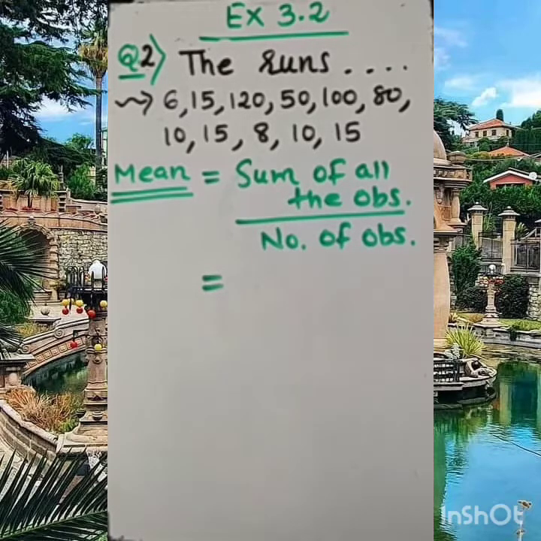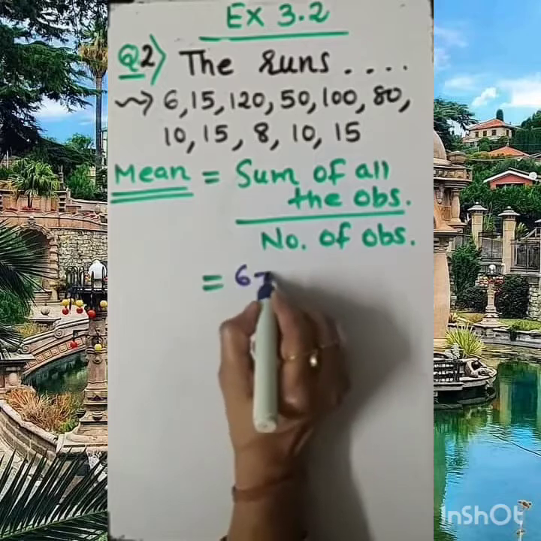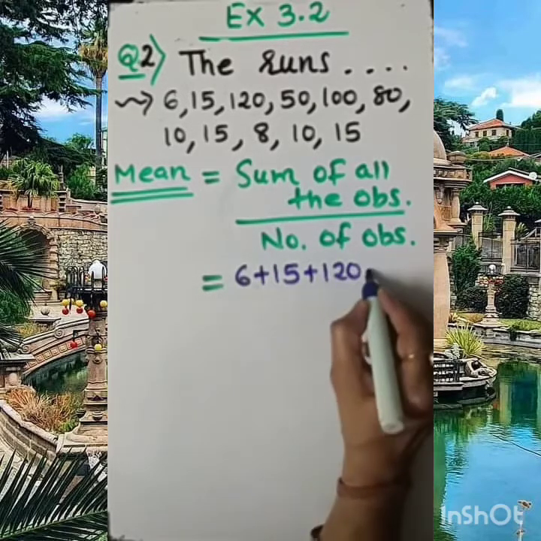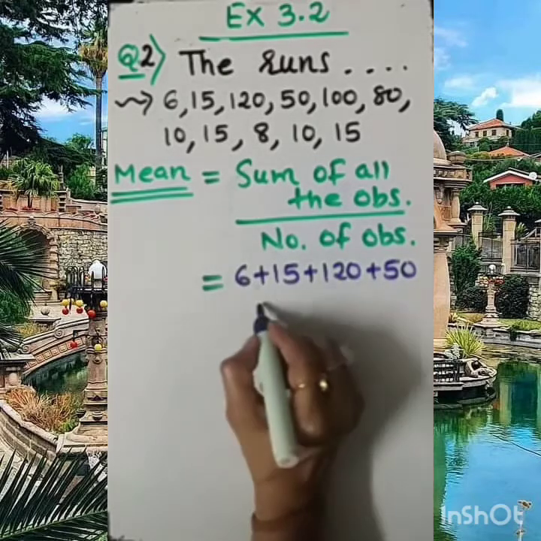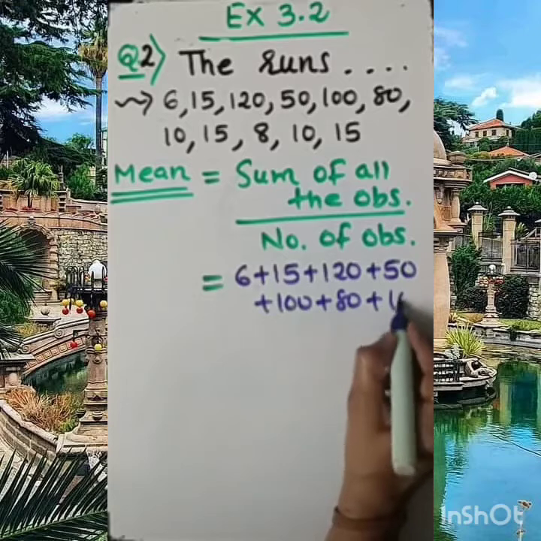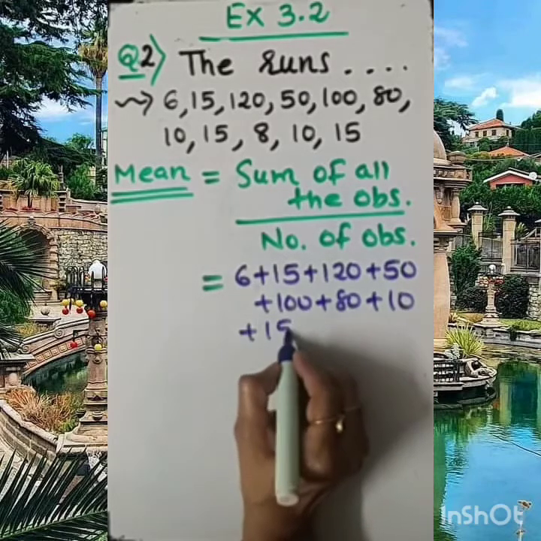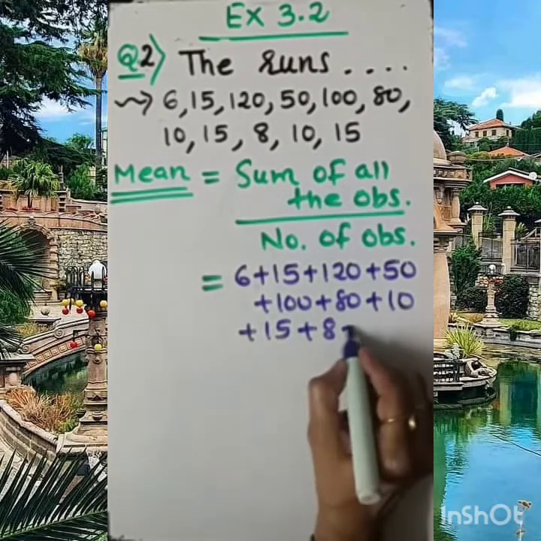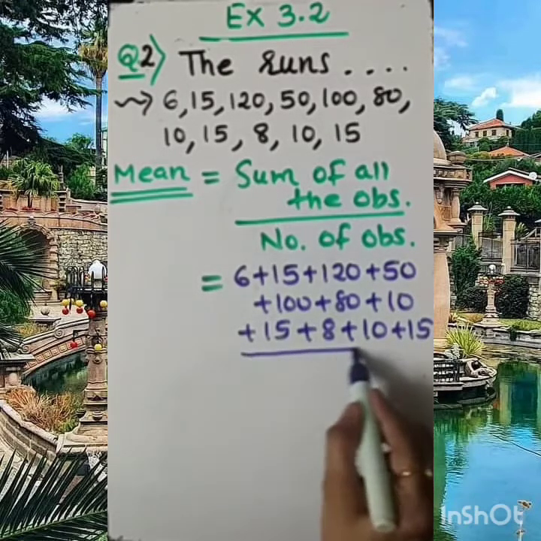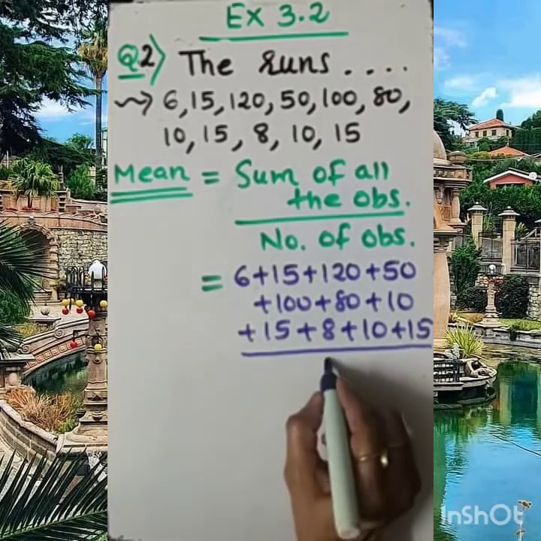Now let's note down all again. 6 plus 15 plus 120 plus 50 plus 100 plus 80 plus 10 plus 15 plus 8 plus 10 plus 15, and total number of players they are 11.